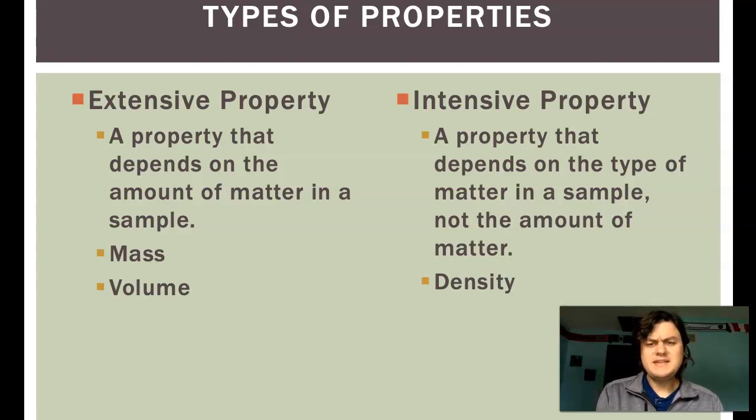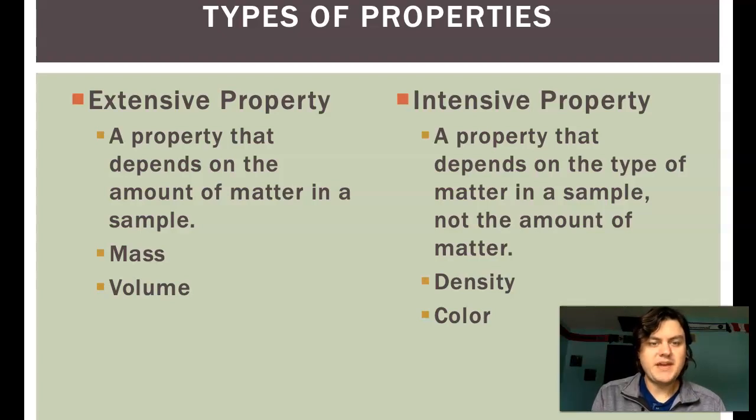So density of an element or any substance is going to be the same no matter how much of the substance there is, assuming the other conditions are the same. Color is another example. Color will stay the same.